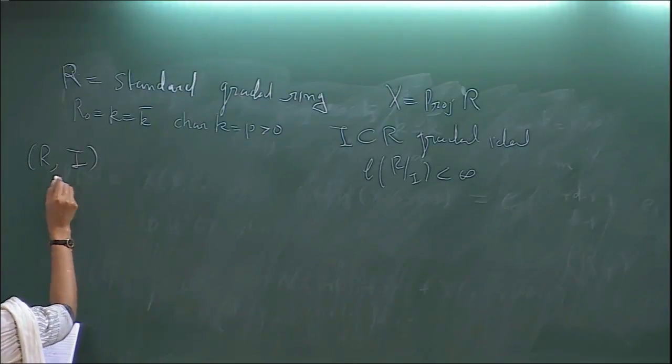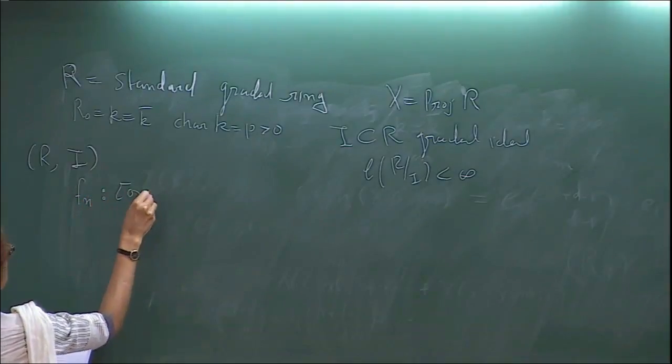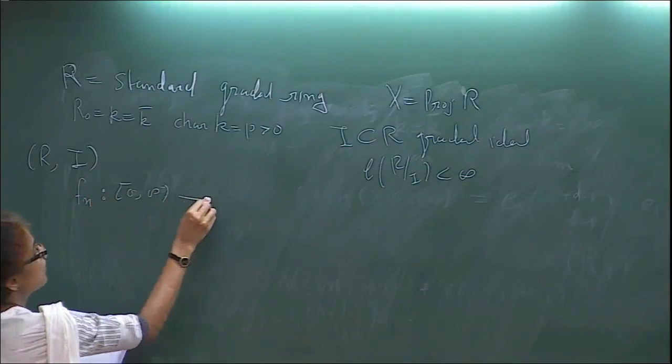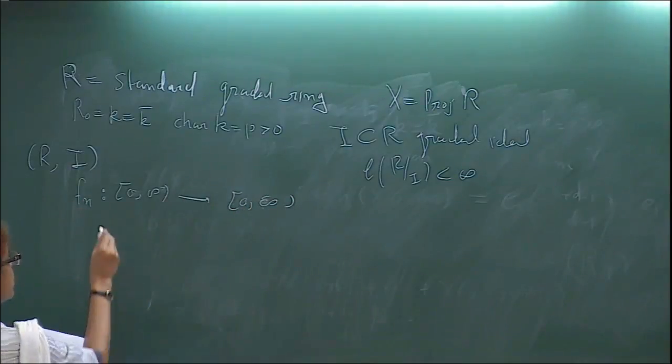So first you define Fn, a function from the positive real line to the reals, as follows.